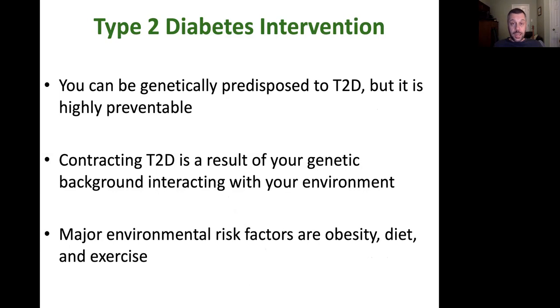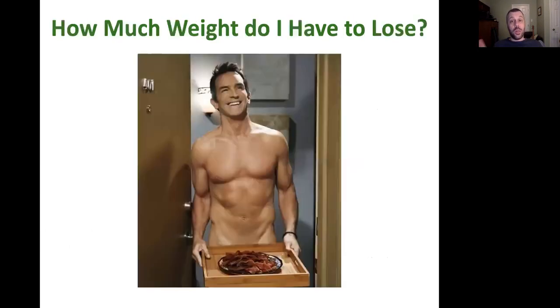Obesity, as we saw earlier, but also diet and exercise play a big role in whether or not you get this disease. So the question is, if obesity is a contributing factor, how much weight do I have to lose?